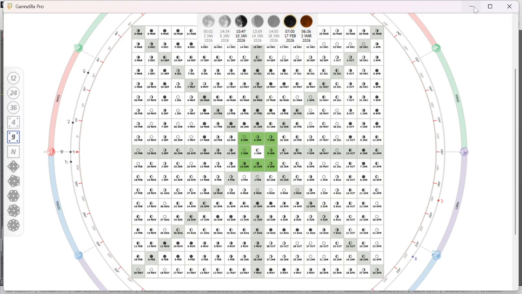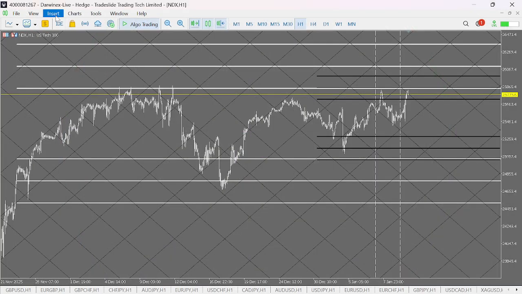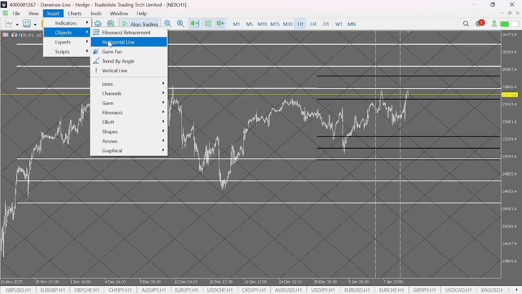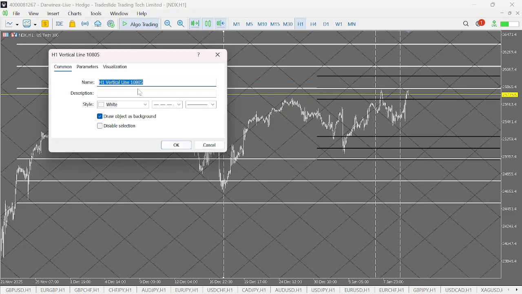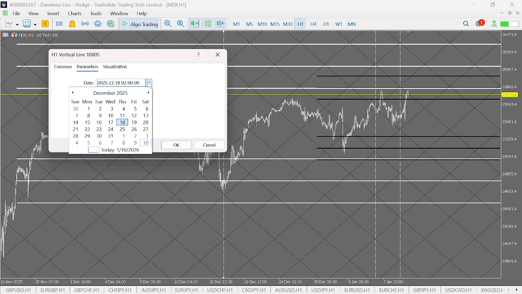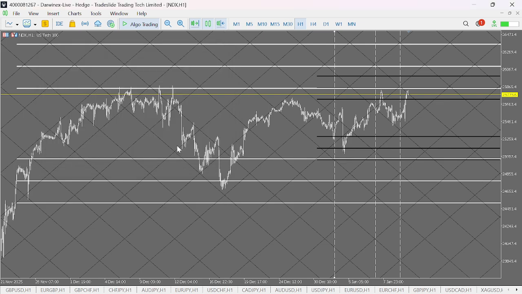So let's plot that in here. Let's start January 2. Insert object, vertical line. We go January 2, right here. Look at this, man. To January 13.